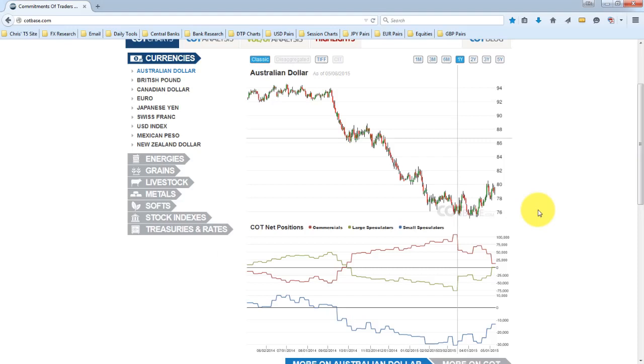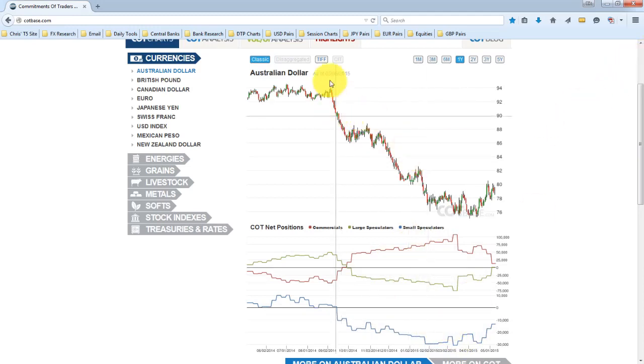Now, here's an example of the Australian dollar, and this is the Australian dollar daily chart. And this is the COT data down here. The red shows the commercials, the green shows the large specs, and down here the blue shows the small specs.